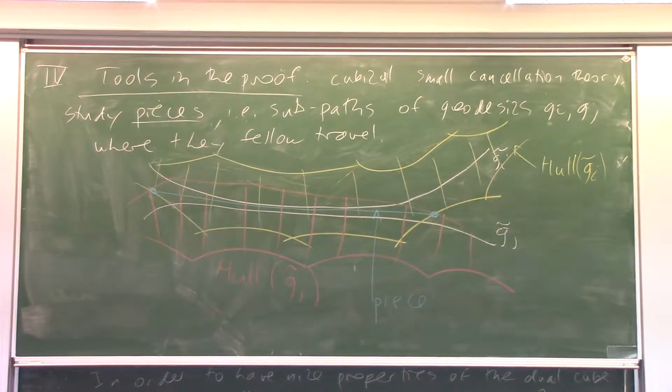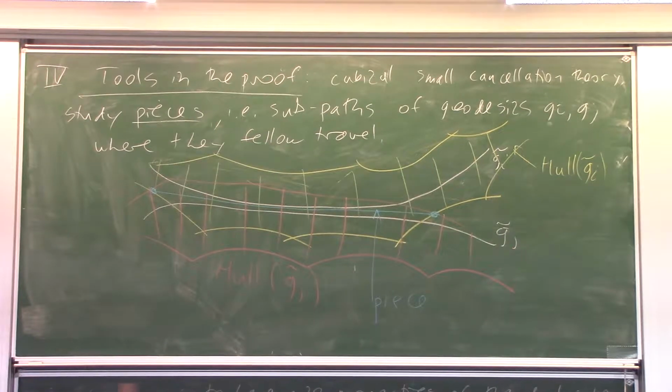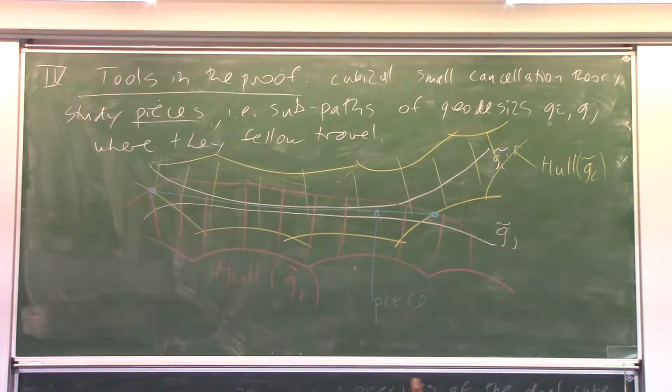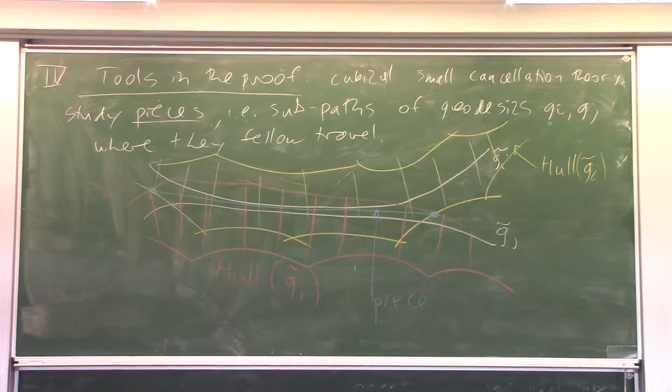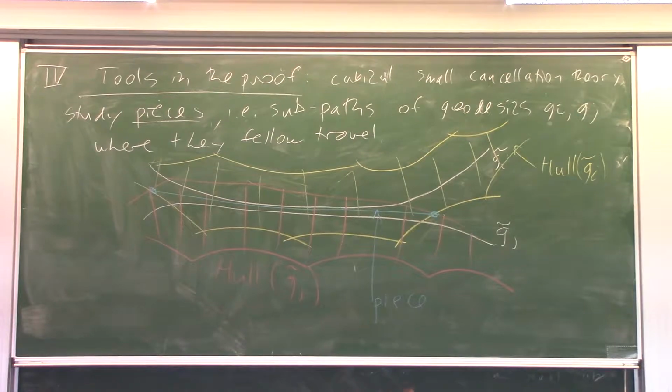So any geodesic joining those two points is a piece? Technically, the intersection of the convex hulls is a piece, is the technical definition in the cubical version of small cancellation theory. But if you like, everything here is happening when the original cube complex is hyperbolic.